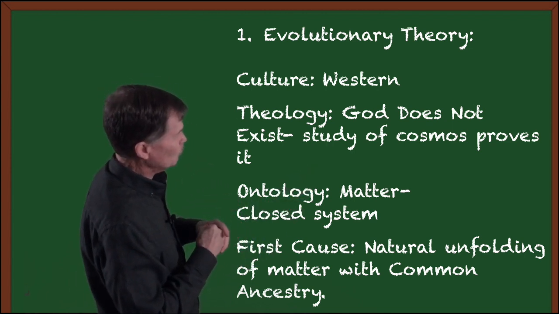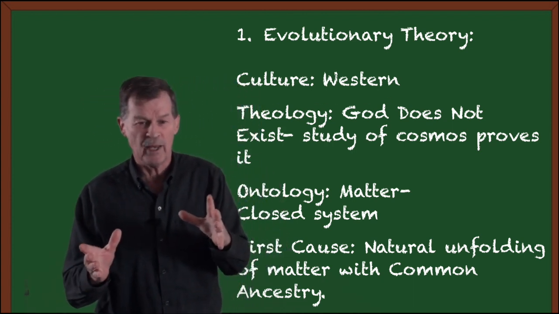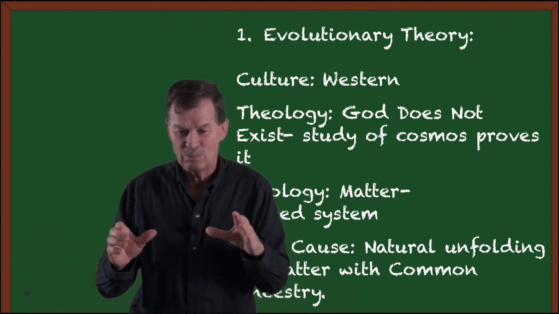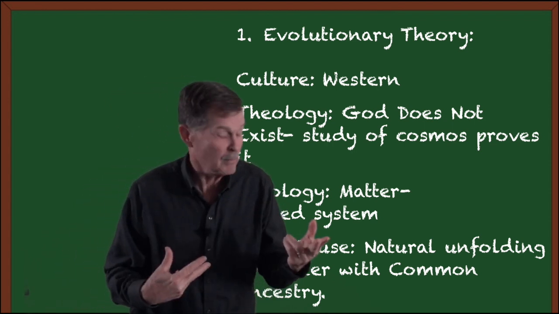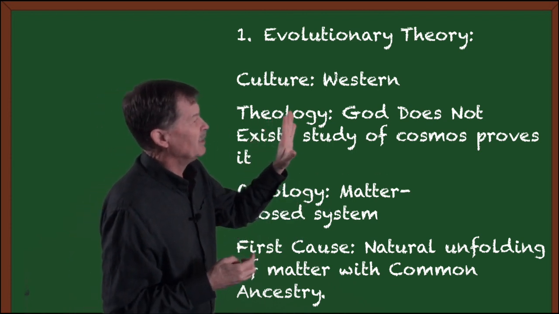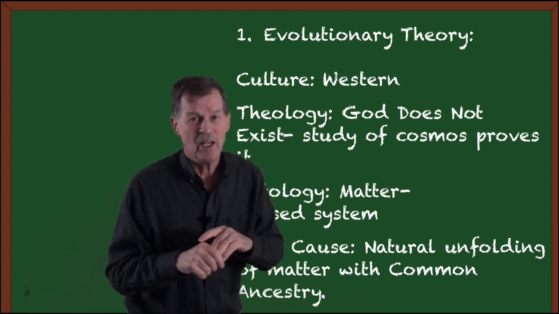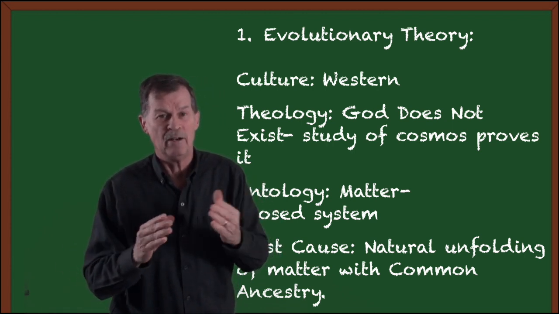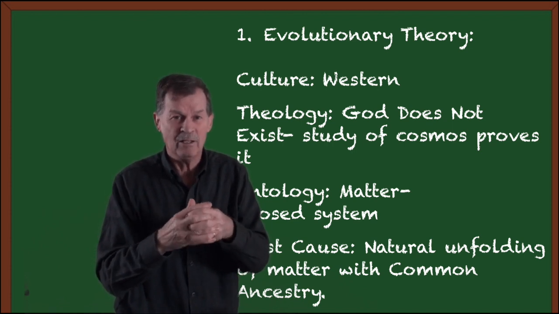Ontology, what is real? Well, for a group that is basing their philosophy on philosophical naturalism, their ontology is everything that is natural, everything that is matter. That is what is real.